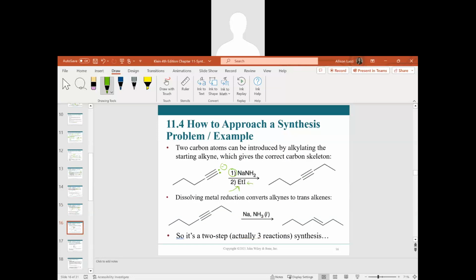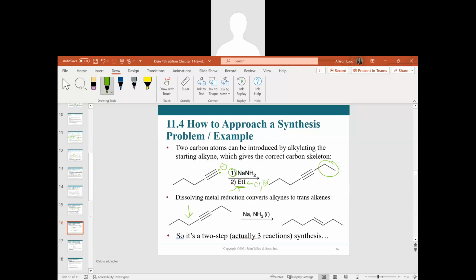This could be chloride or bromide as well, ethyl chloride or bromoethane. Either of these could be used, and that would provide us with those 2 carbon atoms to increase our carbon skeleton. So these 2 carbons have been added through these 2 steps. We have accomplished the 7 carbon chain that we need for our product.